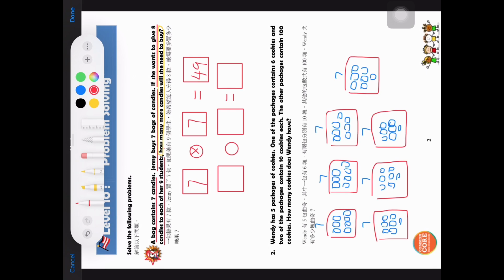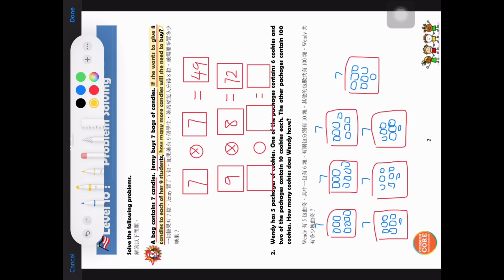Next, we may calculate how many candies she needs to give 8 candies to each of her 9 students. So she has 9 students and each gets 8, which means she'll need 9 times 8 candies, which is 72.